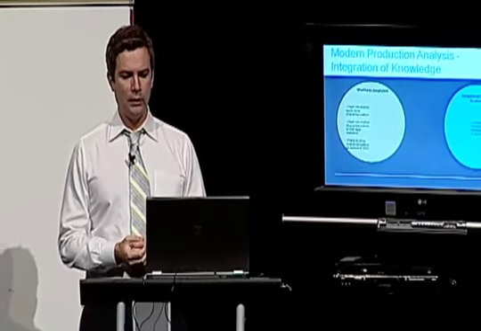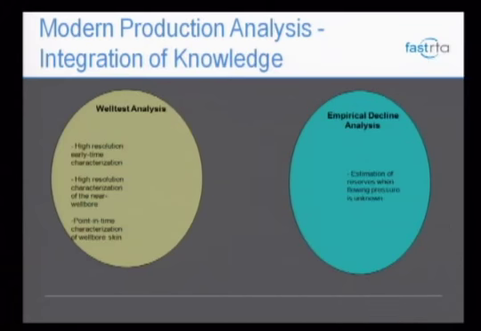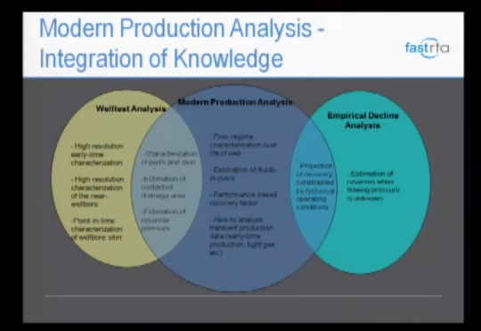In the past, we've had pressure transient people sitting in one camp and production analysts sitting in another camp, and there really hasn't been a whole lot of communication between the two. I really see that changing with modern production analysis because when we start to tie these things together, we get a little bit of the well test side and a little bit of the empirical production analysis side.